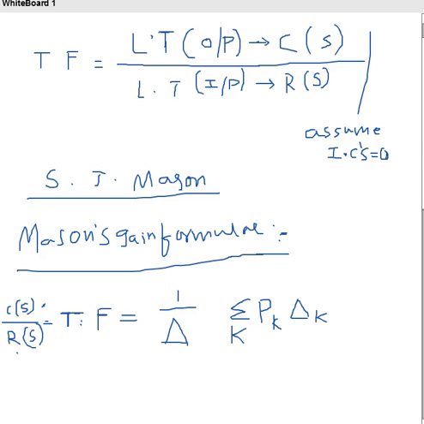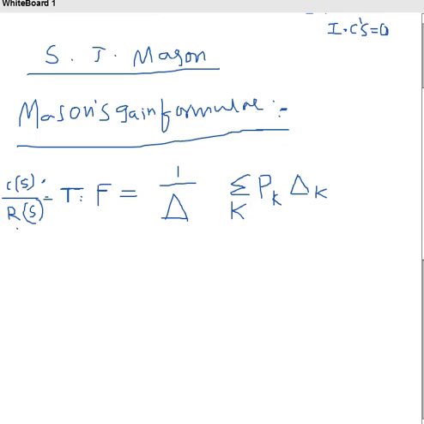Mason's gain formula is based on the relationship between the input and output variable of a signal flow graph, given by the net gain between the input and output nodes, known as the overall gain of the system. Before going further, I will explain the formula now.